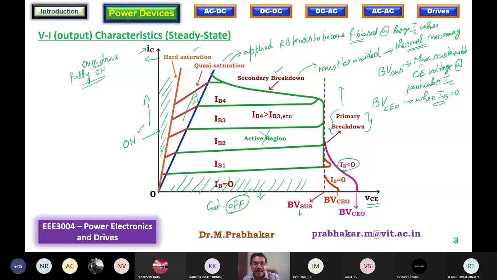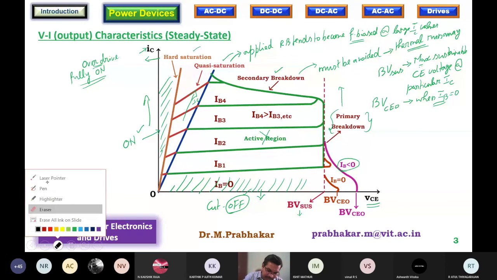So power dissipated across the BJT will be finite in the active region, which is not preferred for power electronic applications.